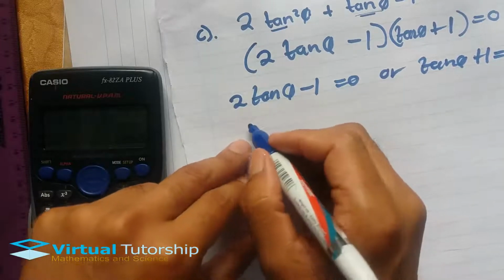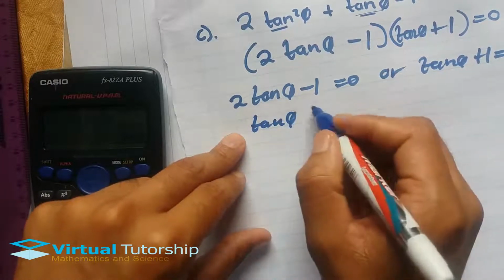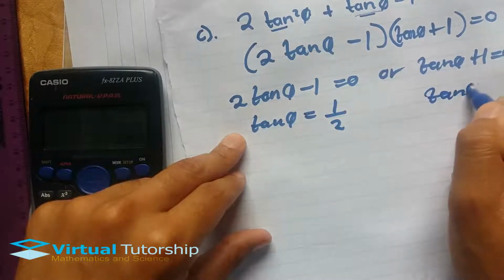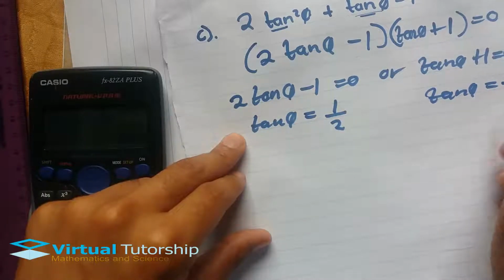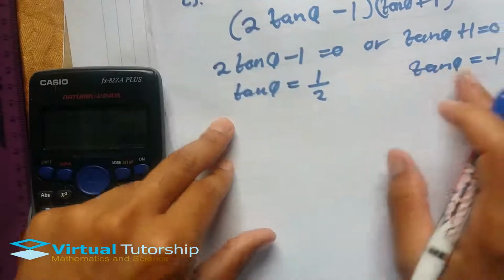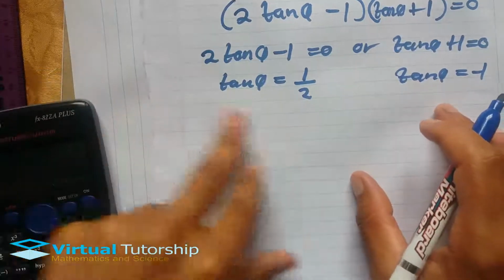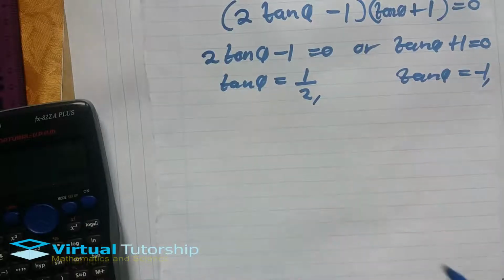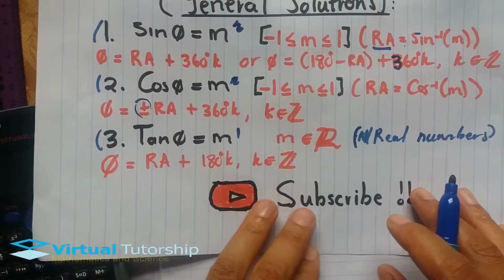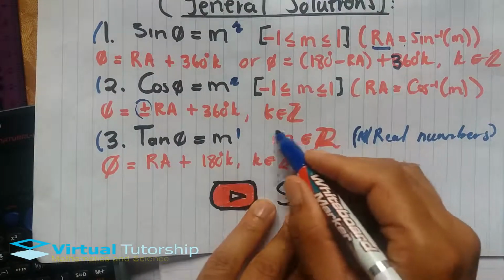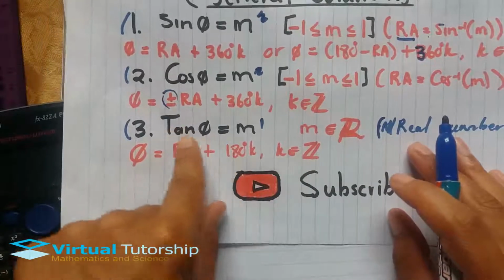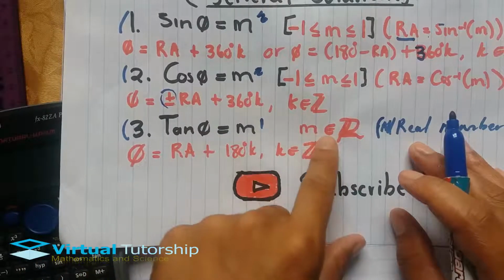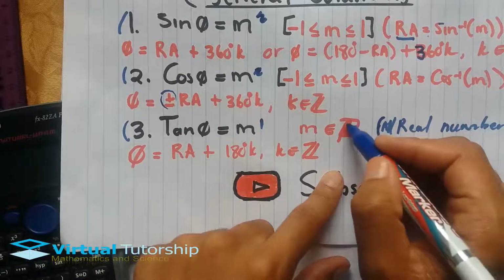So let's simplify further. Tan theta is equal to 1 over 2, or tan theta is equal to minus 1. So there are no issues with our m. Remember on the first slide, we were finding the general solution for a tan function, and m is an element of real numbers.